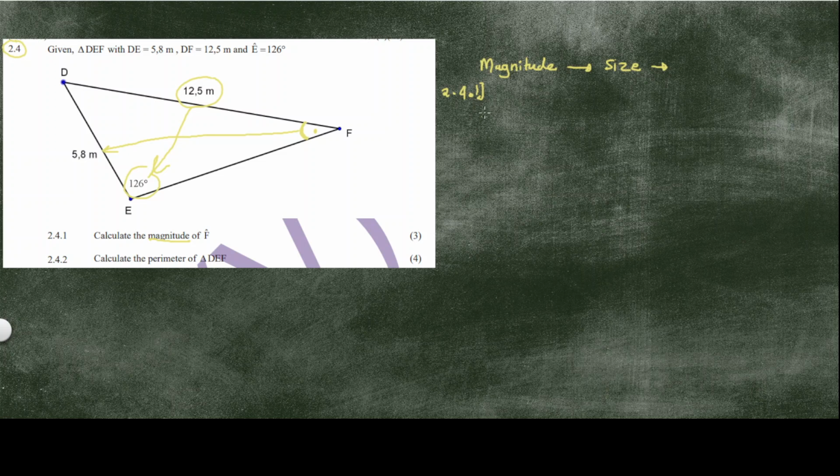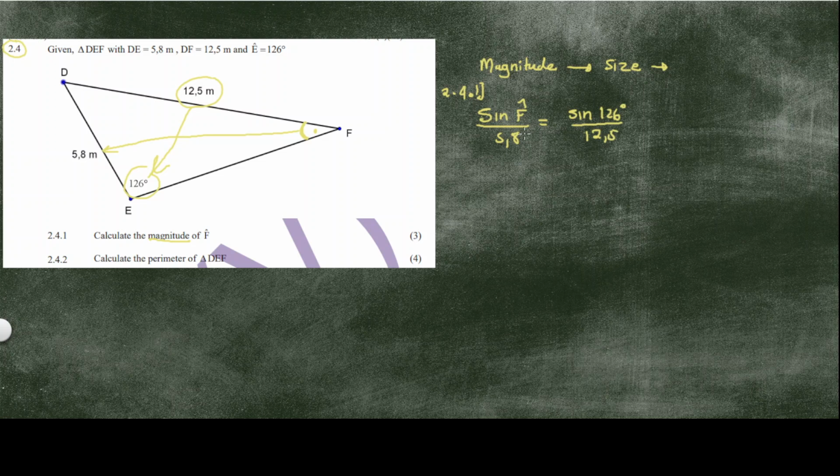The sine of that angle becomes the numerator for the ratios. So it's going to be sine of angle F over 5.8 equal to sine of 126 over its opposite side, which is 12.5.